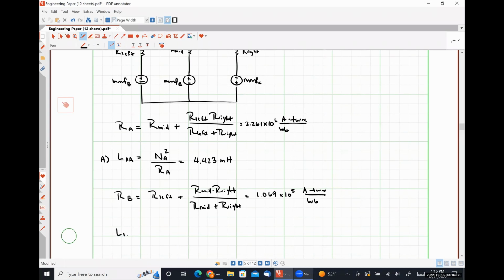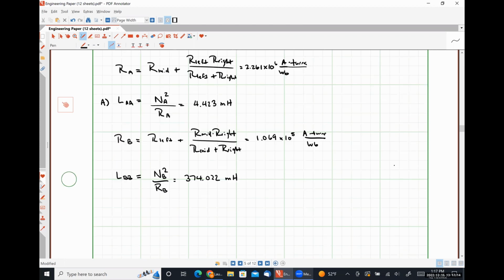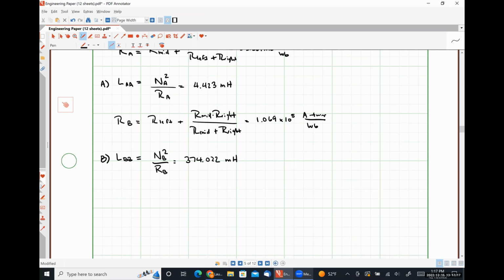And what will L B be? N B squared over R B. Absolutely right. Which comes out to be 374.022 millihenries. That one is significantly larger because there are significantly more turns. And this is the answer for part B.